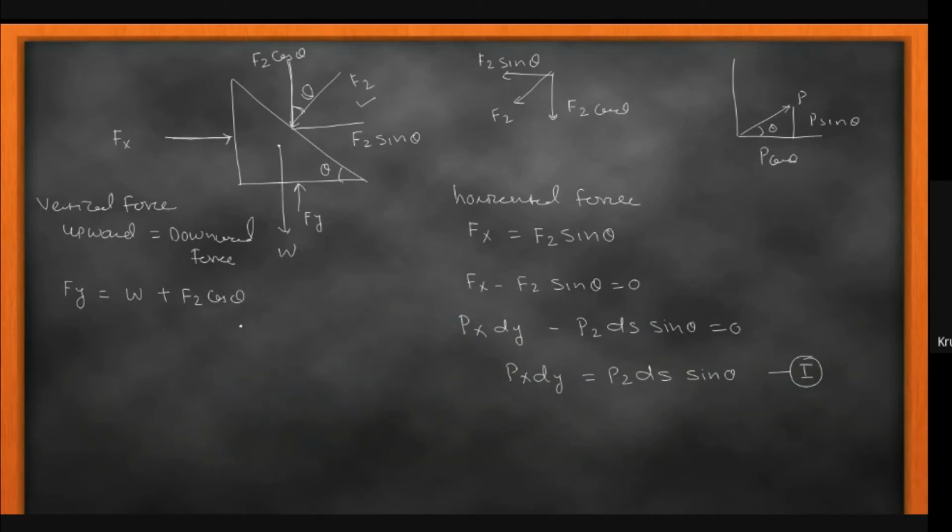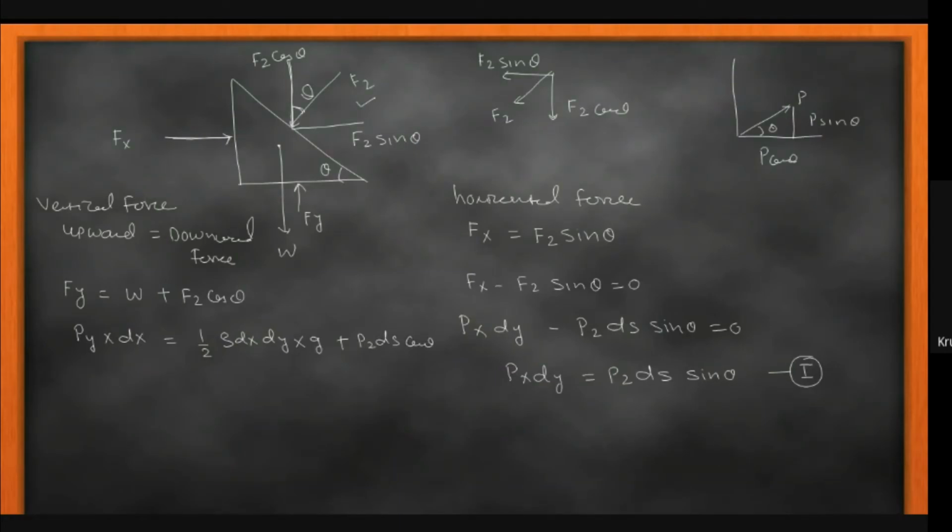Now again we put in the values. We already know the value of Fy, that is Py into dx. We have already calculated the value of W, that is 1 by 2 rho dx dy into g, plus Fz, that is Pz into ds into cos theta.